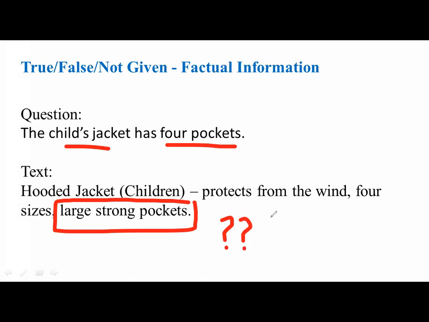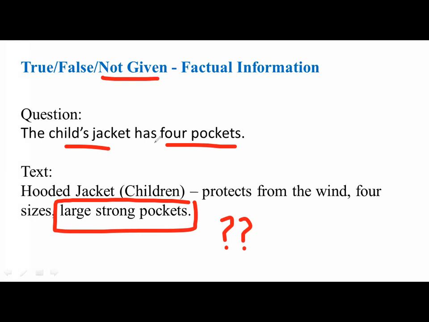Tell me whether there are 4 pockets or there are less pockets or more pockets. Your answer is, I don't know how many pockets are there. Why? Because the text is not telling me how many pockets are there. So when the text is not helping you and your answer is, I don't know, that means the answer will be not given. I try to make it as simple as I can for you.